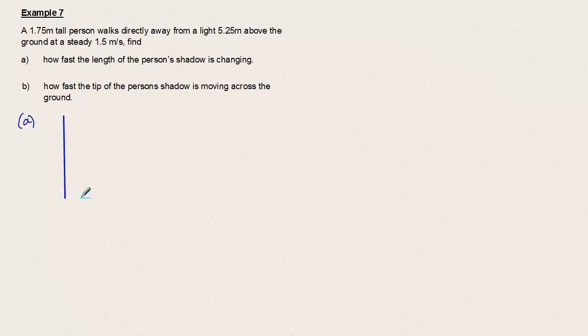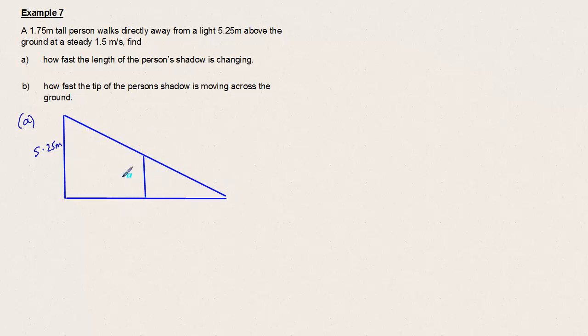So if this is the lamppost, or the light, and that's the ground, so we know that this is 5.25 meters up here. The light is shining directly down at the ground here, and the person is just here.